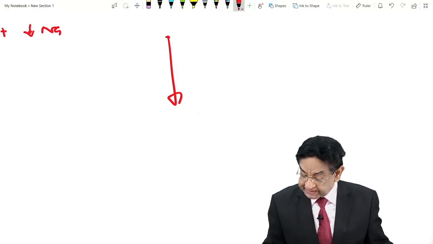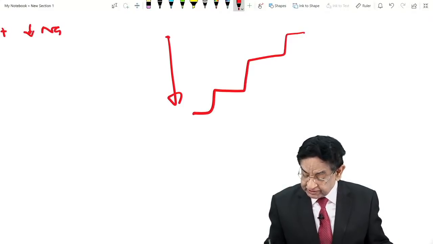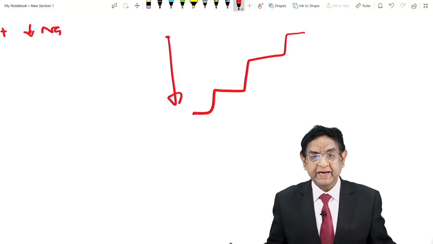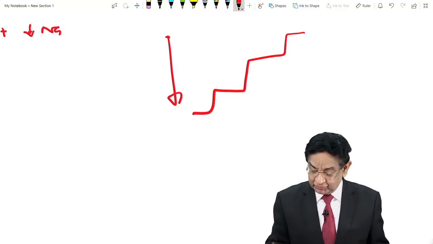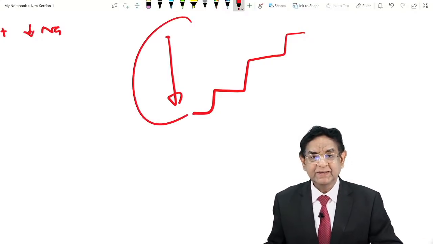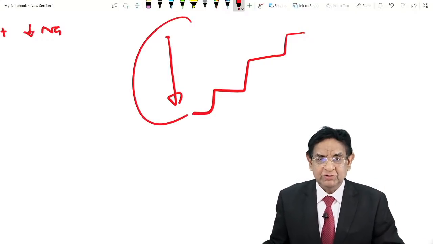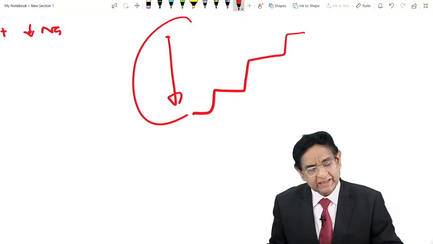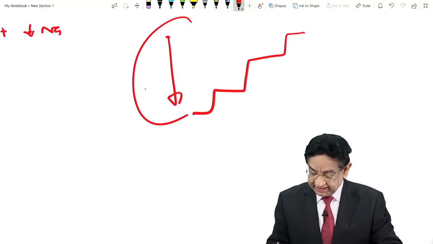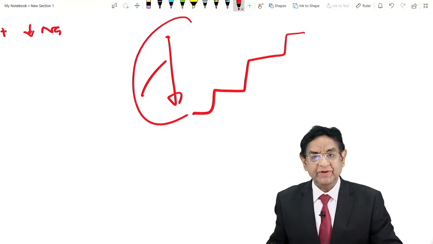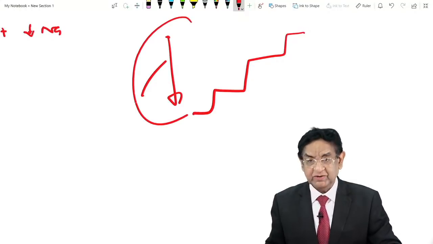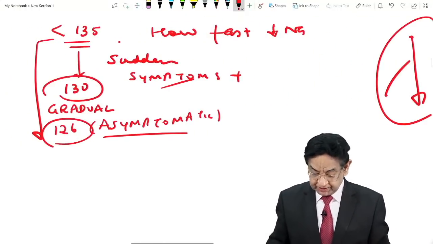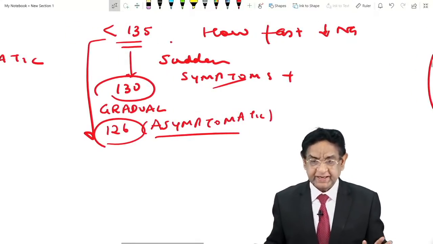Another gentleman, again standing on the first floor, comes down by the staircase. Do I need to tell you who will get injured? Definitely the one who was in a hurry to jump. He will sustain some fracture. He has come down very fast but is injured. The one who came by the staircase has no injury. So you understood.